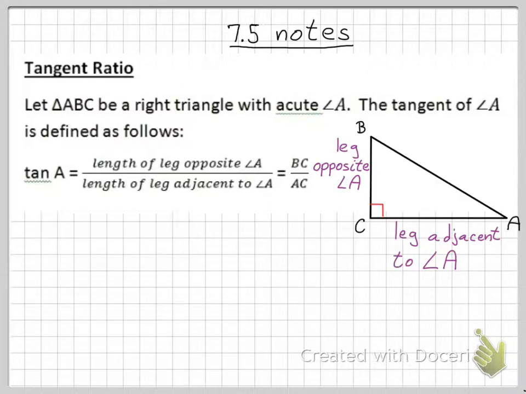And something that I think is very important that you need to keep in mind is that if we're talking about the tangent of angle A, then everything is in relation to this angle A. So you have to literally keep that as your point of view. The way I like to teach it is I draw a little eyeball, okay?